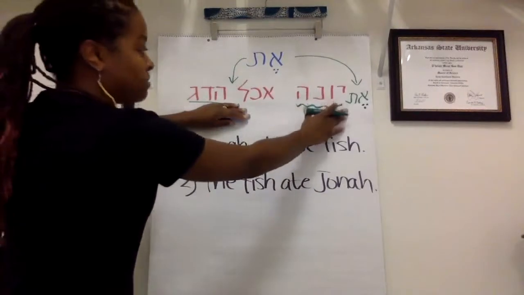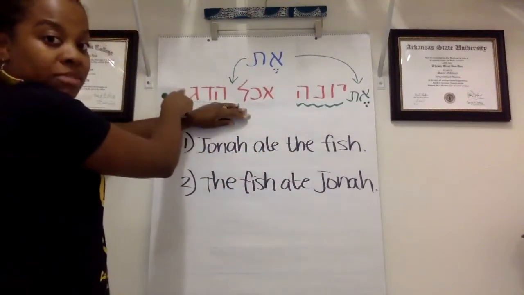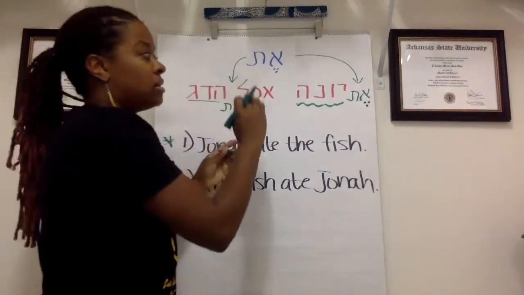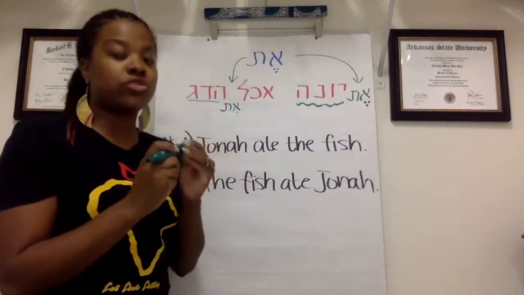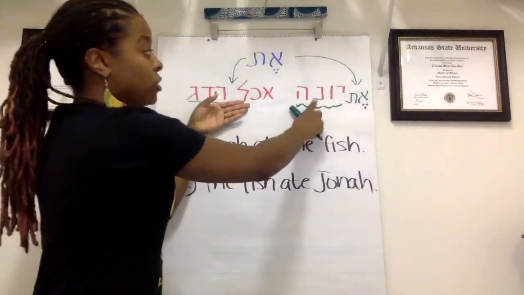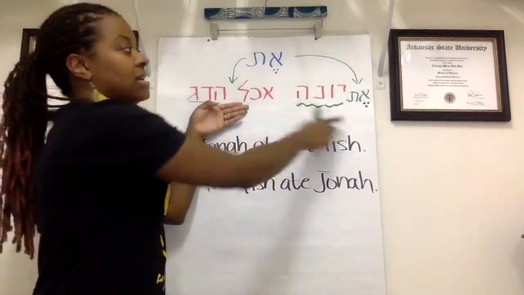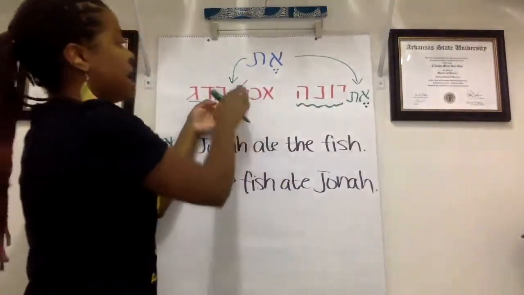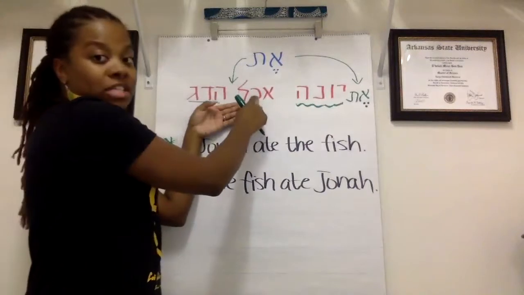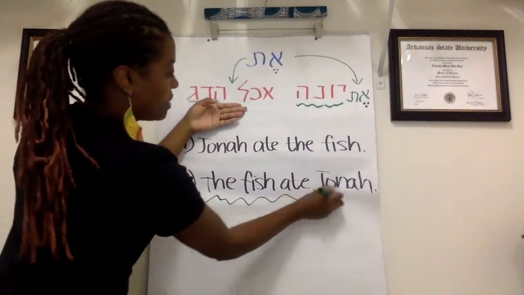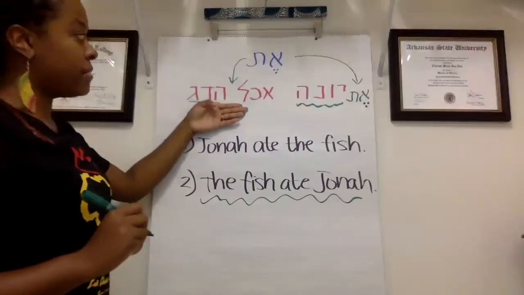And if this is the object, that means that the fish is the subject and the fish is the one doing the eating. So again, don't let the word order or the sentence structure throw you off, because even though it's at the beginning, et Yonah achal hadag, this is letting us know that this is the object of the sentence and the fish is the one that's doing the eating. So this one goes with this sentence, okay?